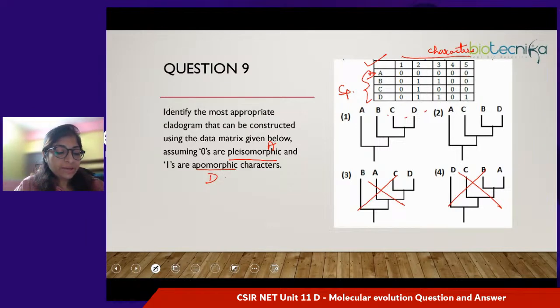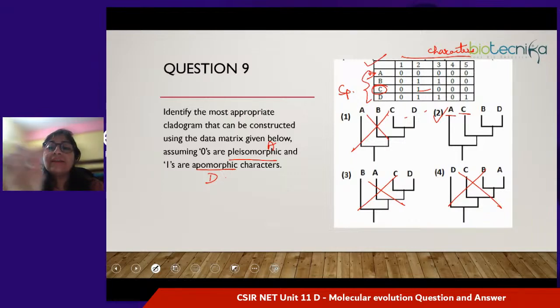Yes, quickly, can I have some answer? Which group next in the line has the least number of ancestral characters? That's right. Species C. It has only one ancestral character. So the next evolved species will be C. Now from there only you got your answer. You can eliminate one. But let's place the others also.